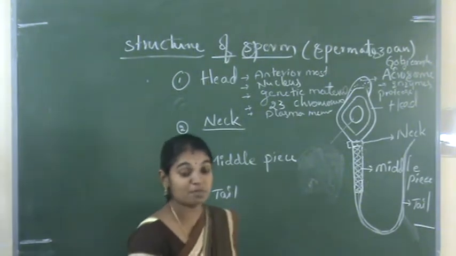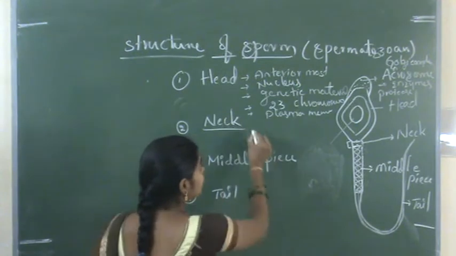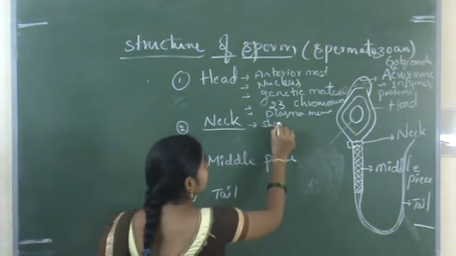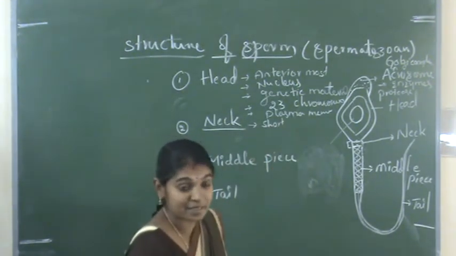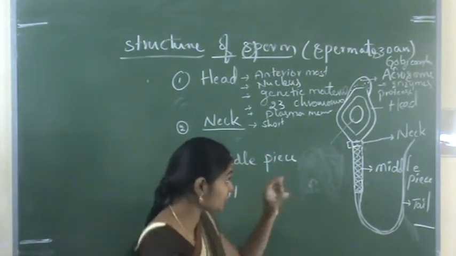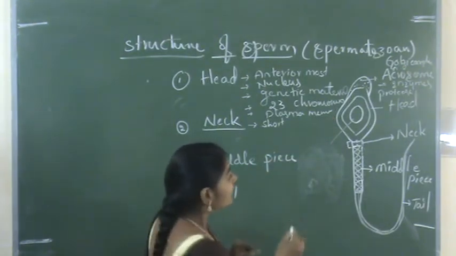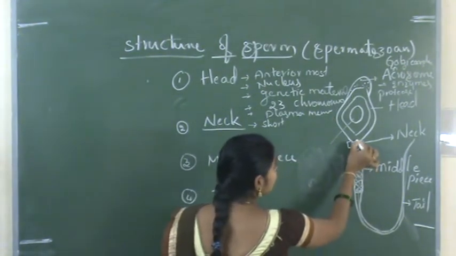The next part of the sperm is known as the neck, and it is a shaft which connects the head with the middle piece. It has two centrioles.